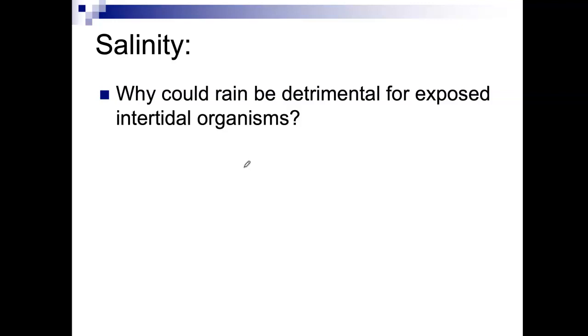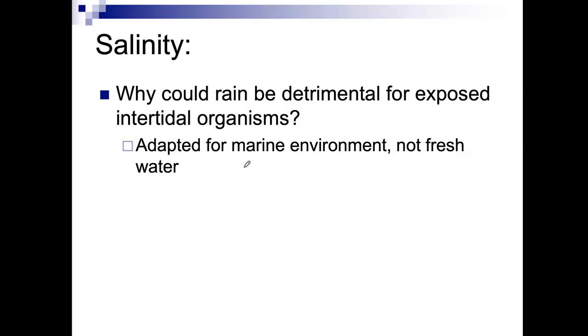Remember, these are marine organisms that have evolved to a saline environment. So then you can have the opposite extreme where you get too much fresh water input from the rain. And so it's really tough for these organisms because they're adapted for a marine environment, not a freshwater environment. So too much rain can literally kill intertidal organisms in a tide pool.